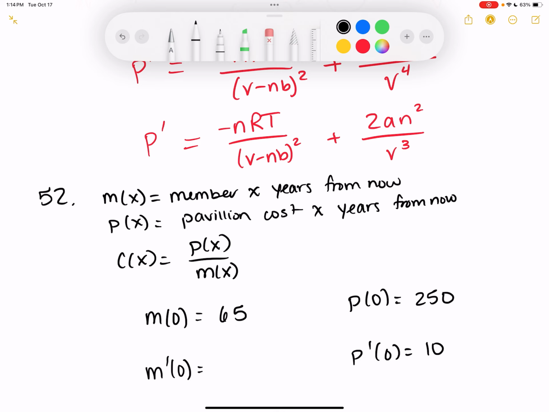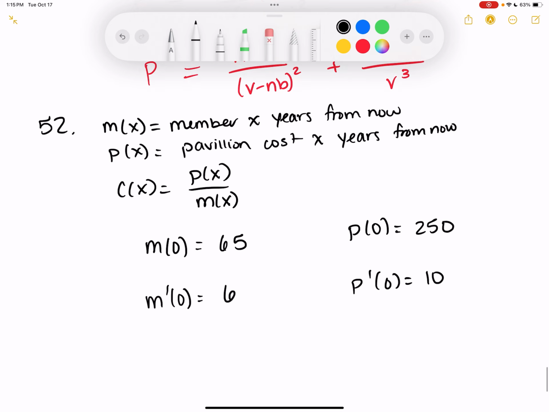And the number of members increased per year is 6 per year. So M prime of 0 is 6. So I am now trying to find the derivative of P over M. Okay. Which is going to give me the instantaneous rate of change, aka slope.